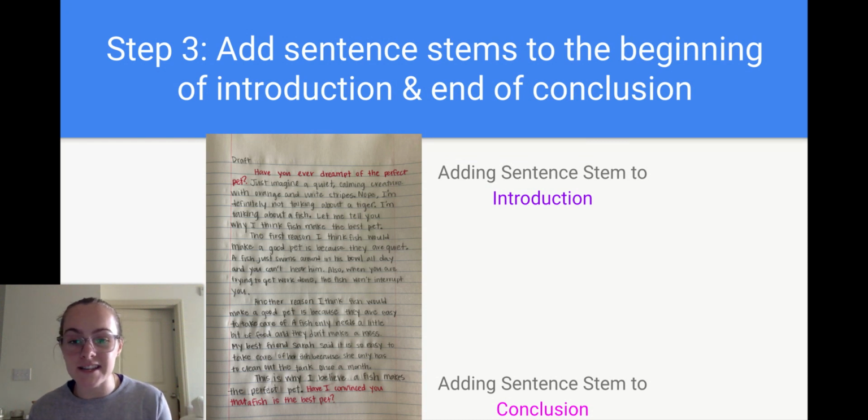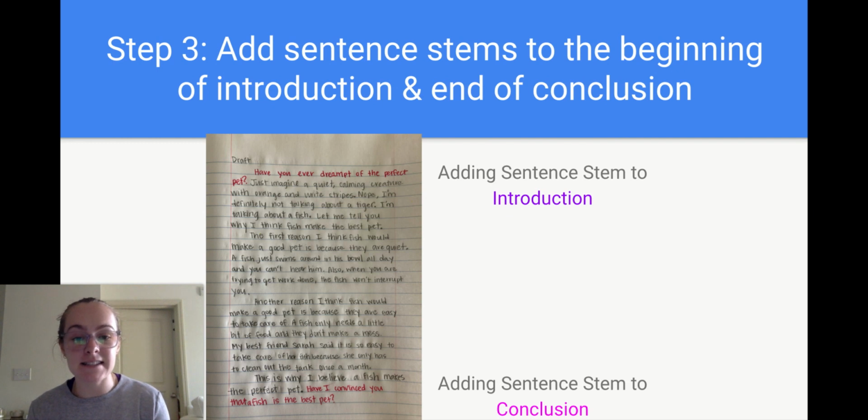The only two things I did was add these questions in the beginning of my introduction and the end of my conclusion. Friends, it's your turn. Writers, you are going to add your sentence stems to your writing.